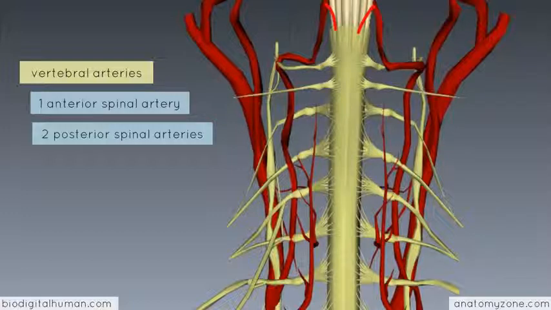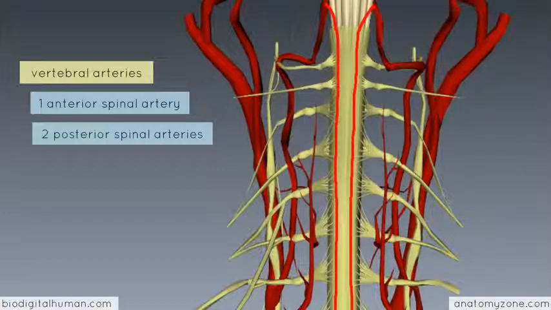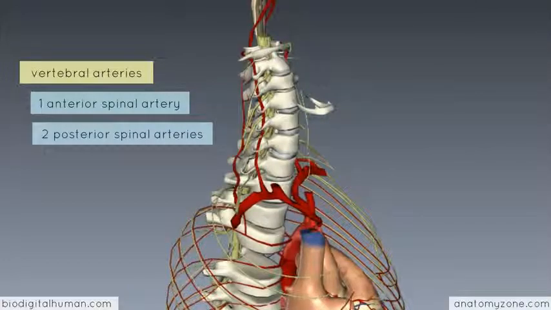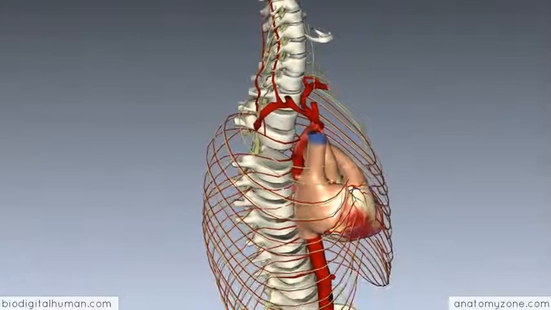So these run the length of the spinal cord down the posterolateral aspect of the spinal cord. So you've got one anterior spinal artery and two posterior spinal arteries. So these are the three vertical arteries which originate in the cranial cavity and descend the length of the spinal cord. So now we'll take a look at the second arterial source to the spinal cord.